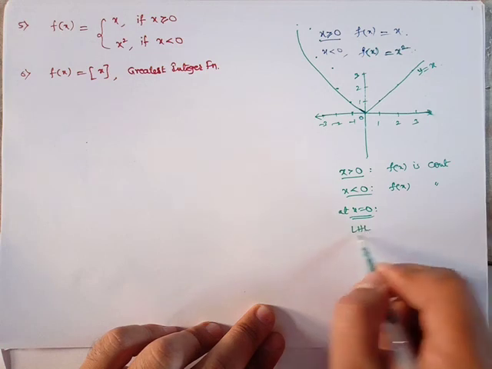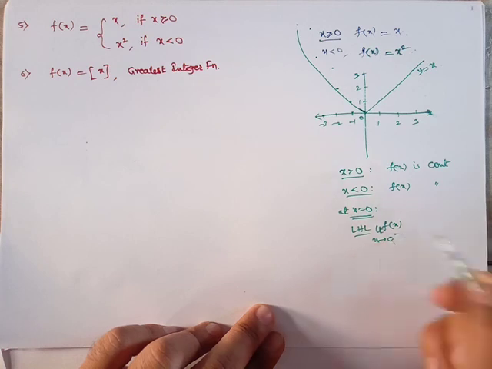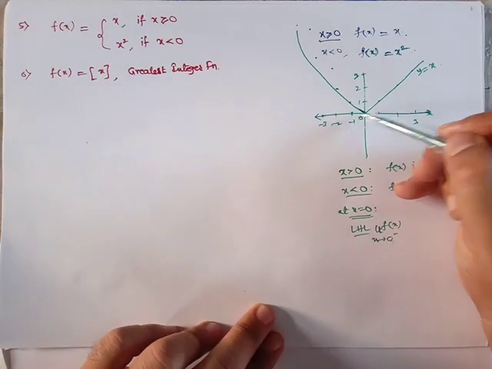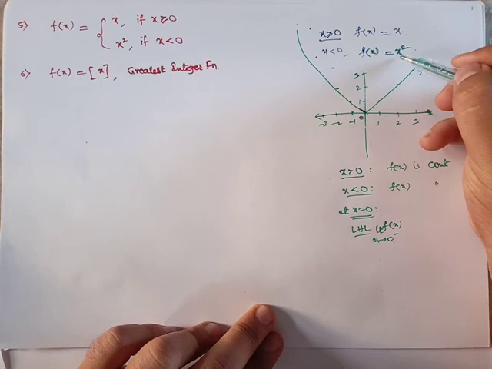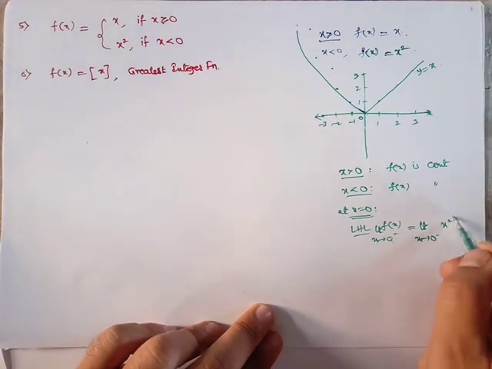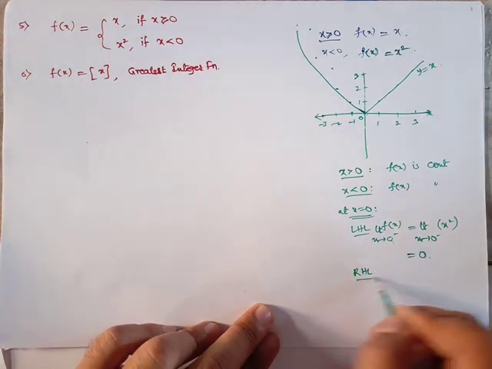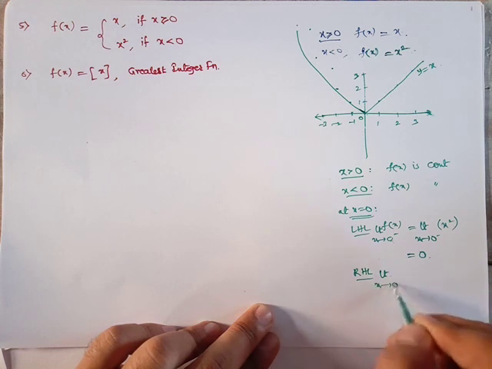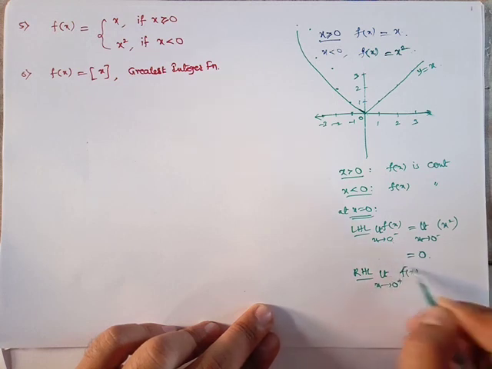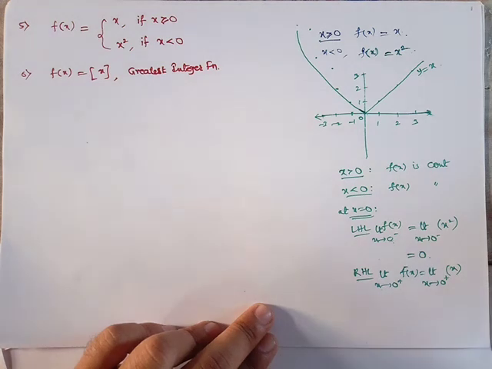At x equals 0, LHL will be limit x tends to 0 minus of x square, and 0 square is nothing but 0 only. And coming to RHL, limit x tends to 0 plus f of x is nothing but x, so 0 plus, simply should be taken as 0 only.